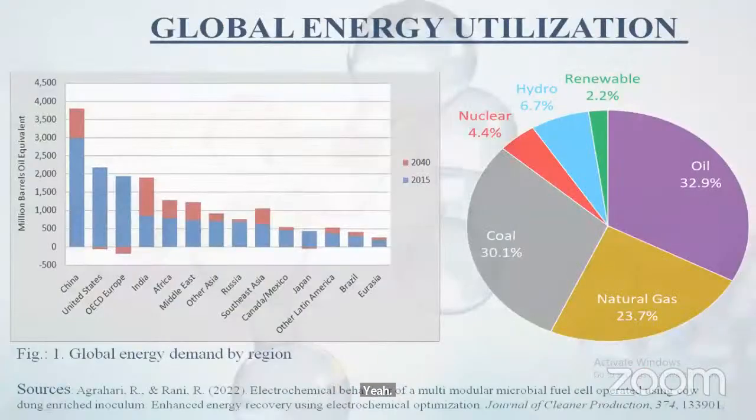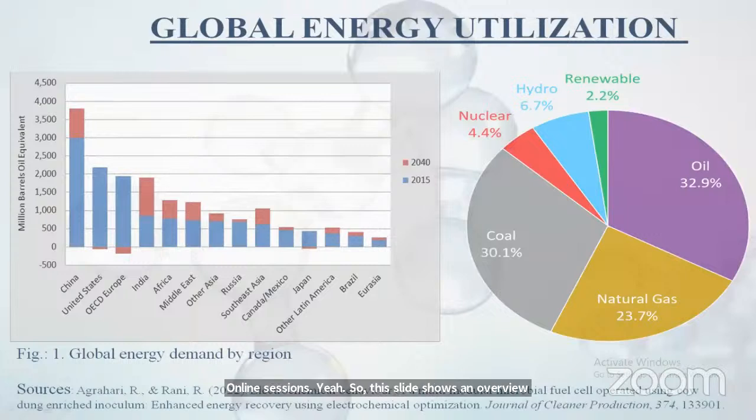This slide shows an overview of the global energy utilization, energy demand and the projected energy demand. In the current scenario, we are highly dependent on conventional sources: largely 85% of the energy is derived from fossil fuels, including coal, natural gas, and oil, and a small fraction is derived from renewable energy sources.